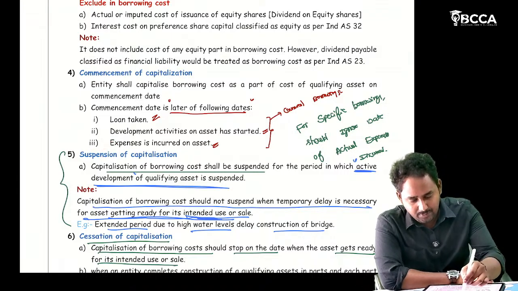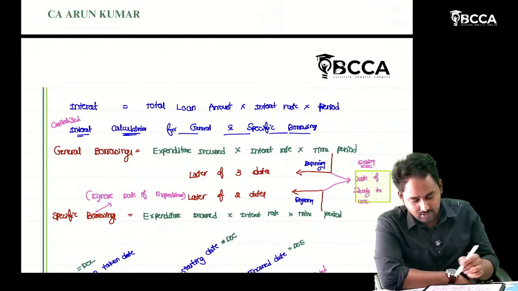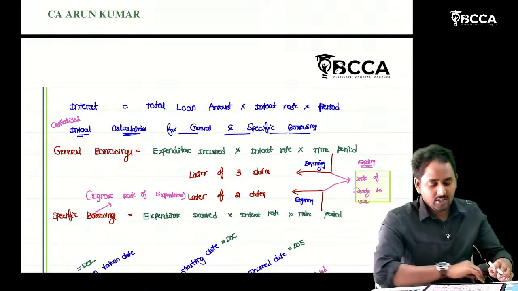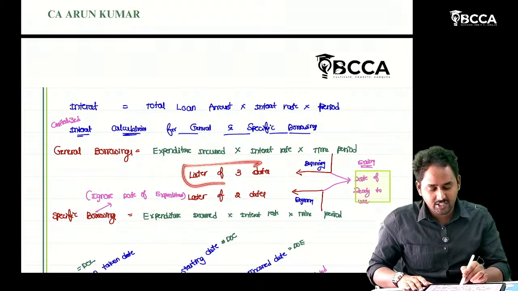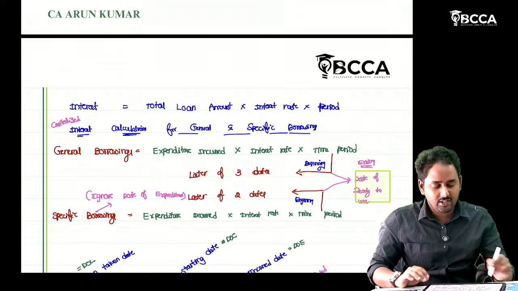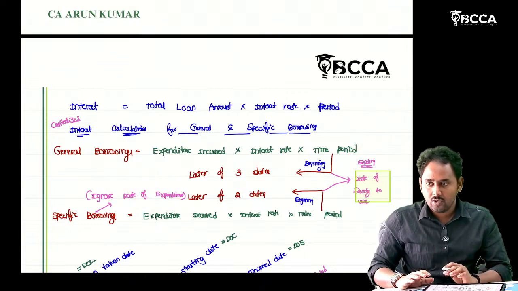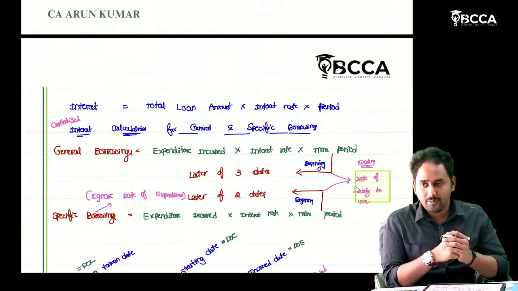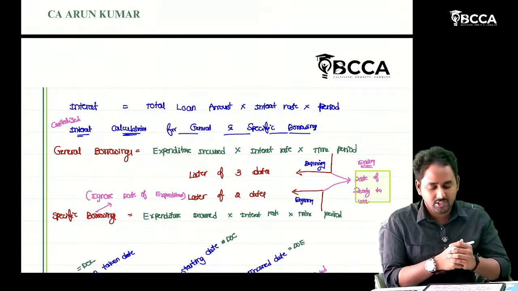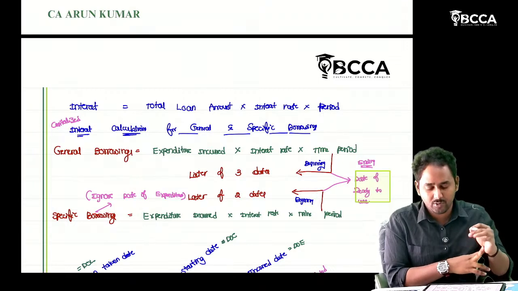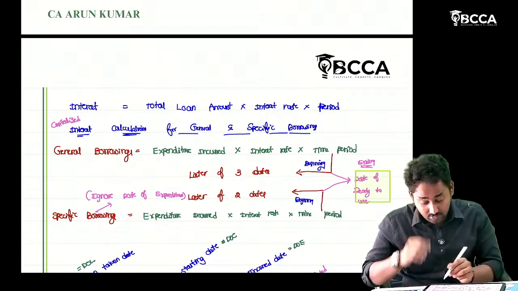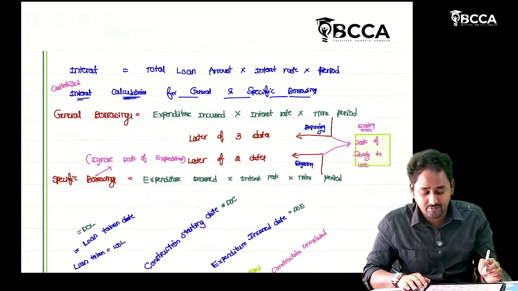So with respect to the general borrowings, the period starts from the later of 3 dates. When is it going to end? The date of ready to use. With respect to that period, that period's interest should be added to the cost of the asset, and the remaining period's interest should be transferred to P&L.